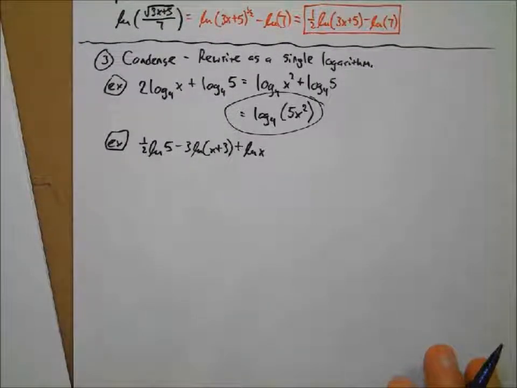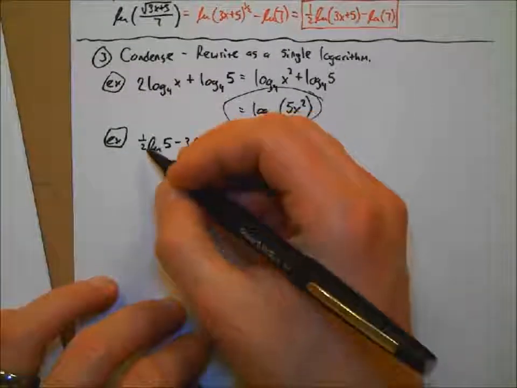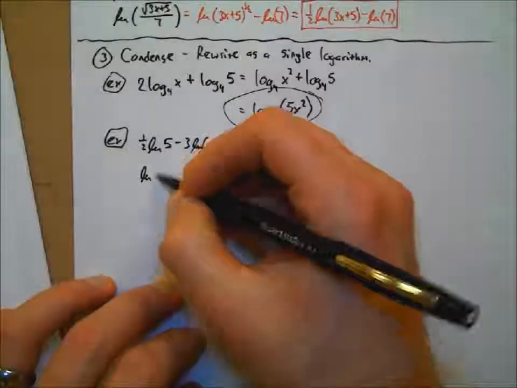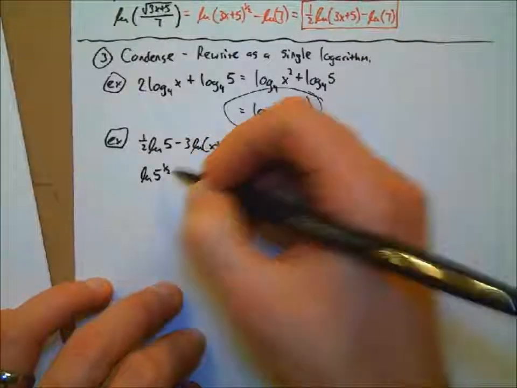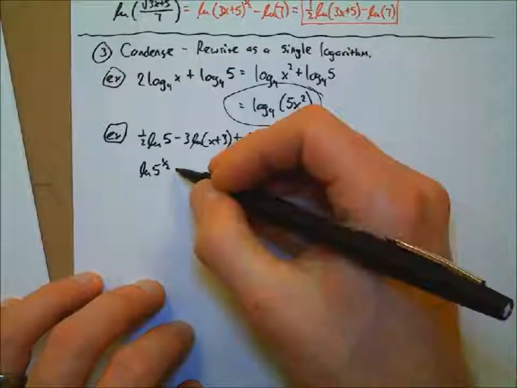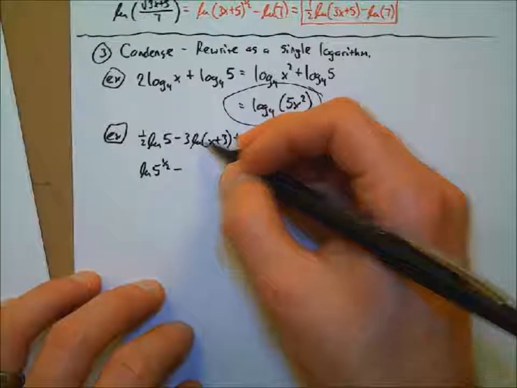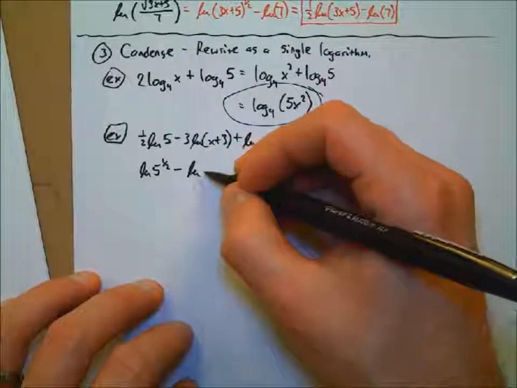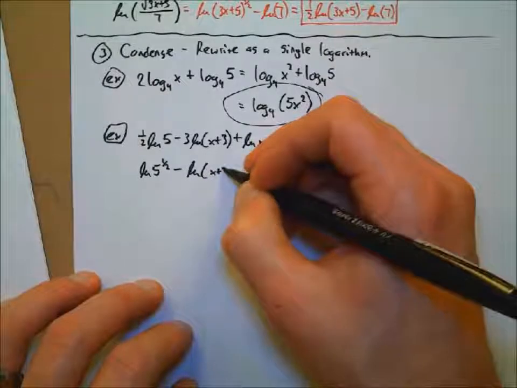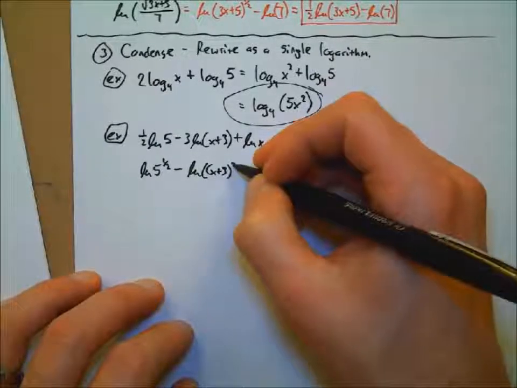So, just like in the previous one, all of our coefficients, we want to rewrite those as what? Bring them up into the exponents, right? Make them powers. So 1/2 natural log of 5, we're going to make that natural log of 5 to the 1/2 power. Minus, and then that 3 natural log of quantity x plus 3, we'll make that natural log of the quantity x plus 3 to the third, like that.